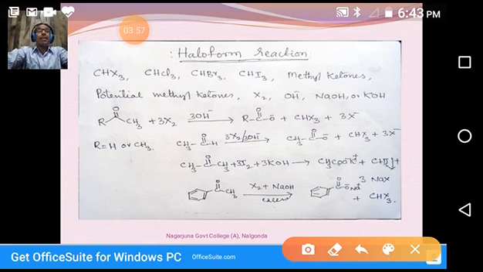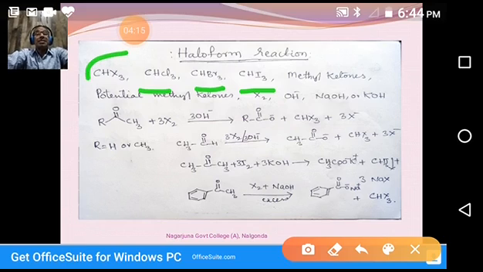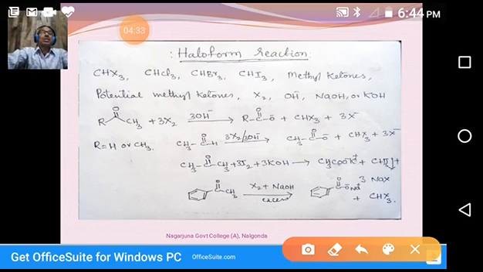For example, in the place of X, if we have Cl, we call it chloroform. This is called bromoform. This is called iodoform. So why are these called haloforms? This CHX3 on hydrolysis in presence of base gives formic acid. That's why these are called haloforms.